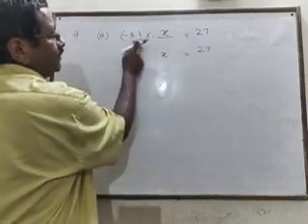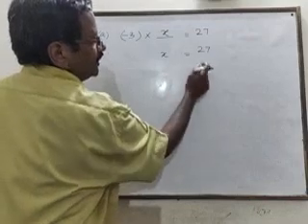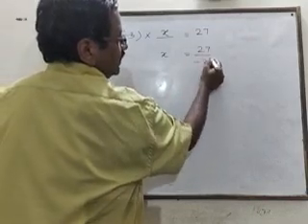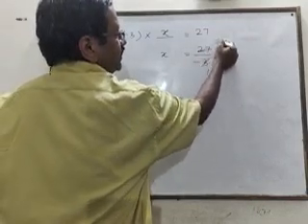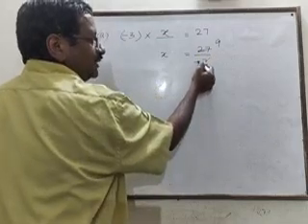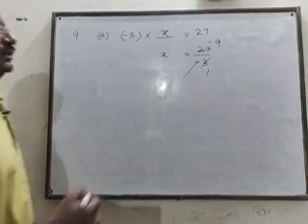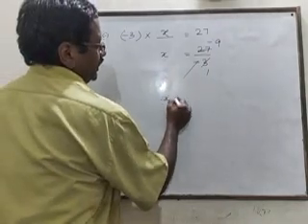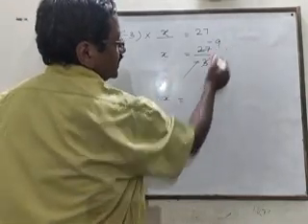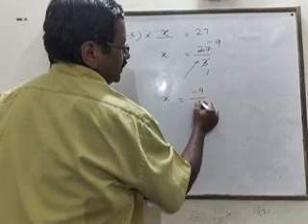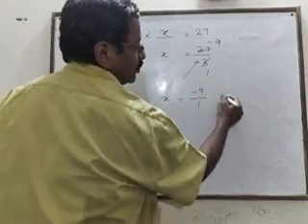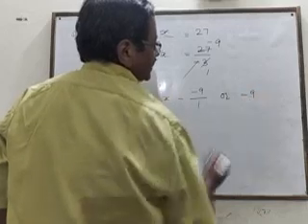It is multiplying to this side, so it will go in the denominator, -3, 3 1s are 3, 3 9s are 27, and remove this minus and put it with the numerator, and it will be -9 upon 1, and 1 we can remove, so we can write -9.